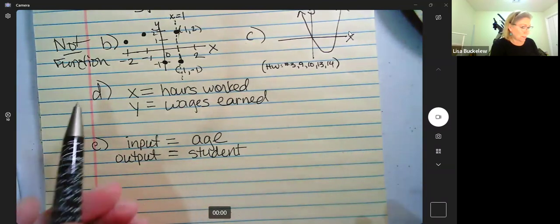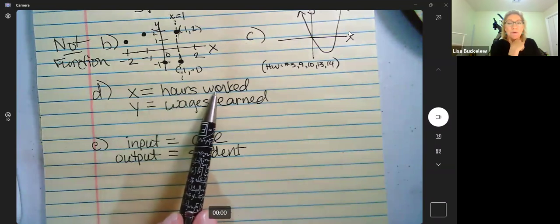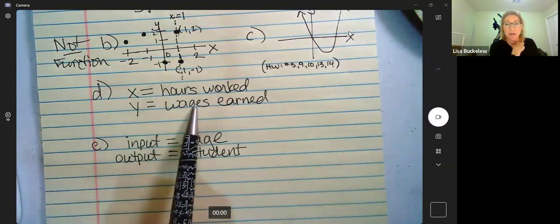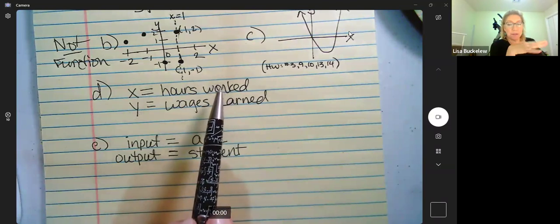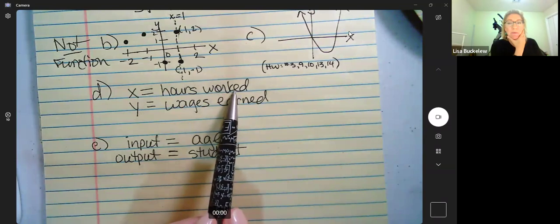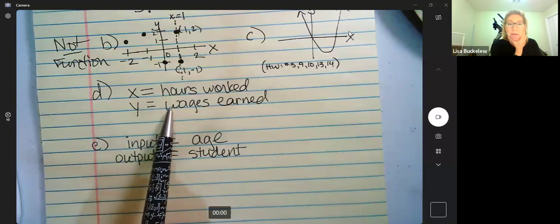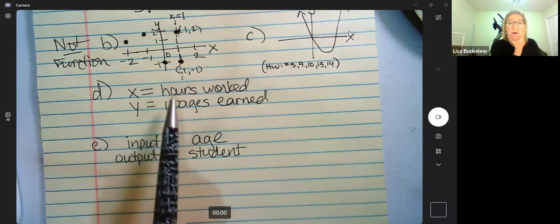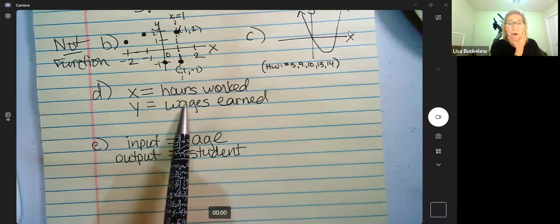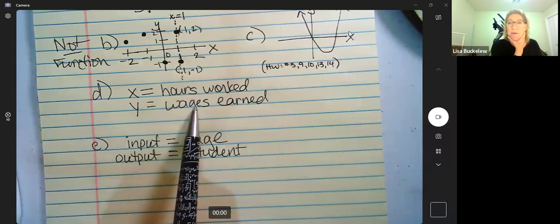If we decide the inputs are the hours that are worked and the outputs are the wages that were earned, and we're assuming an hourly wage of the same amount, $7.25 was minimum wage, then ask yourself, is y a function of x? If that's true, then if I choose a value for x, there's only one y that can come out. So for example, if I worked 10 hours, would I be able to figure out how much was earned in wages?